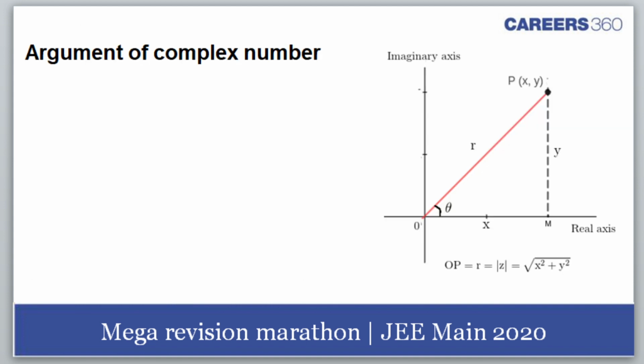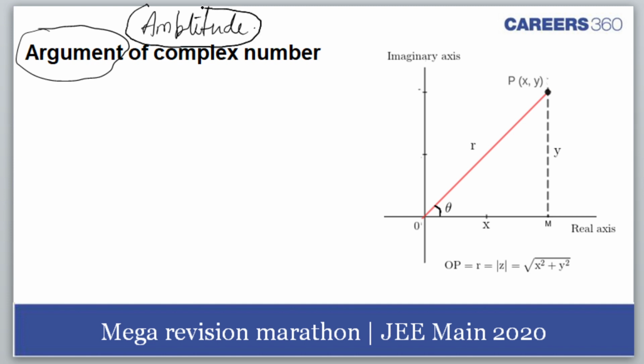Now, argument of a complex number. What is an argument of a complex number? There are two things to be explained. One is argument and one is amplitude. You guys must be getting confused between amplitude and argument.